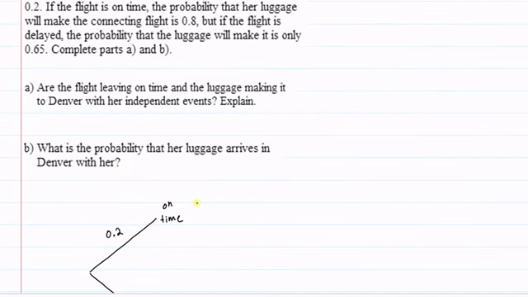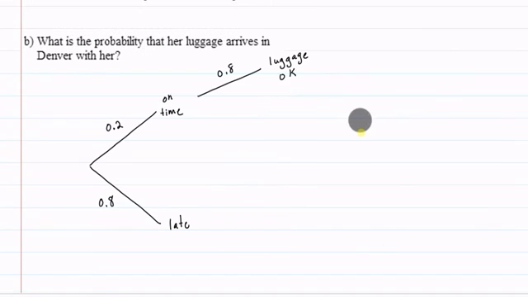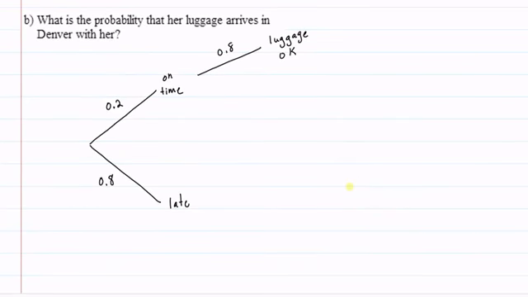It says if the flight is on time, the luggage will arrive, I'm putting OK for arrive, with a probability of 0.8. If it's late, the probability that the luggage arrives is only 0.65.